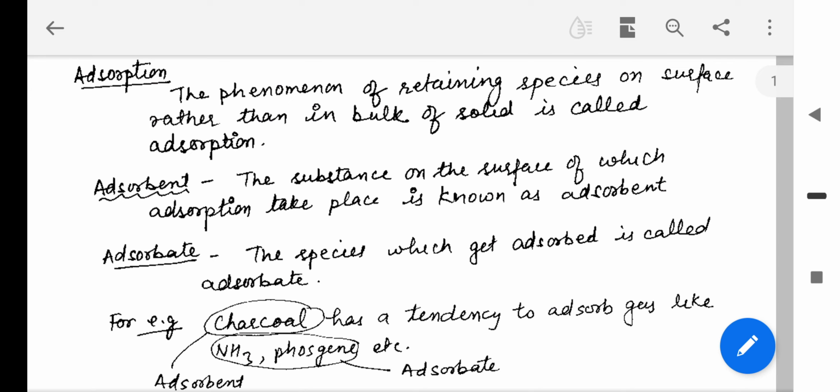And what is the adsorbate? The adsorbate is the ink particles. It is the species which gets adsorbed, which gets retained, which gets stuck on the surface of the adsorbent. You got it? So I hope you got the difference between adsorbate and adsorbent.